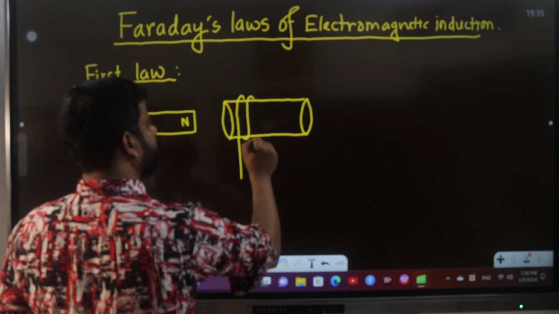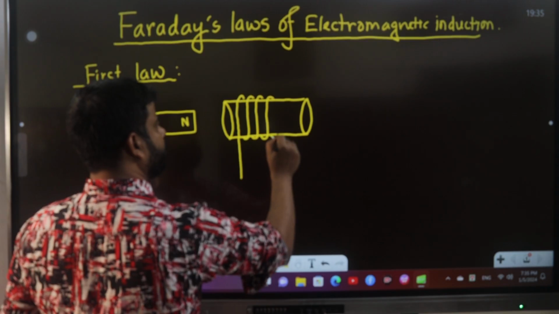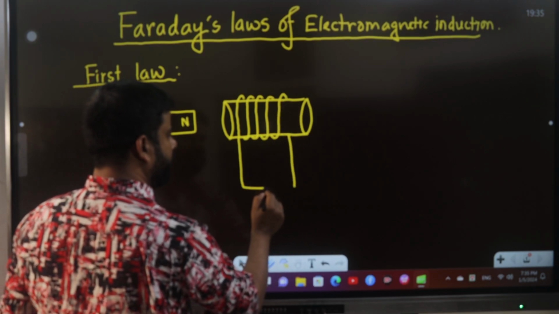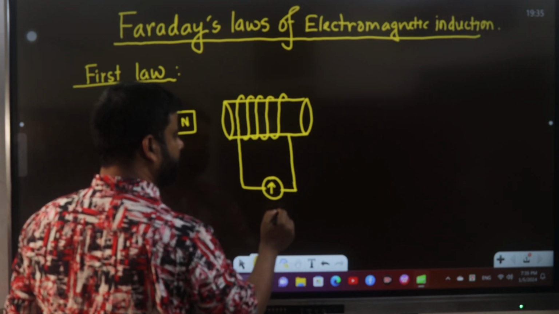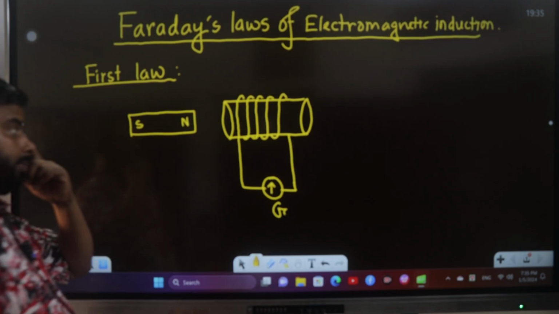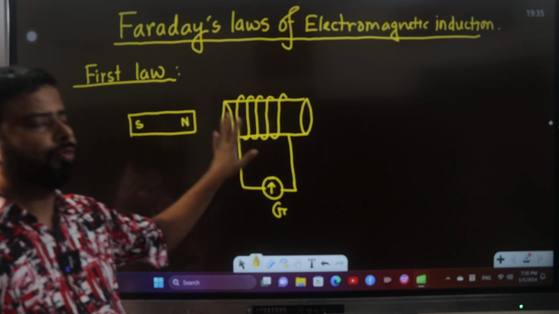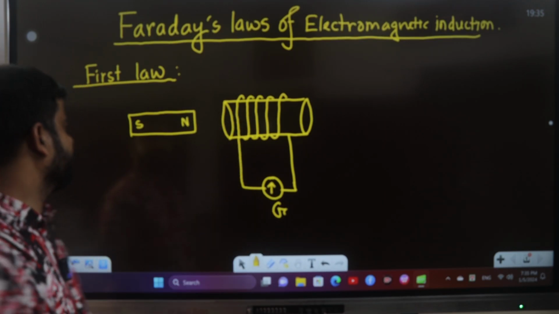If an insulated copper wire is wound over a plastic tube in this way, then we get a closed loop coil, and there is a galvanometer. Galvanometer is used to identify the presence of current or voltage, induced EMF or voltage or current in the circuit.